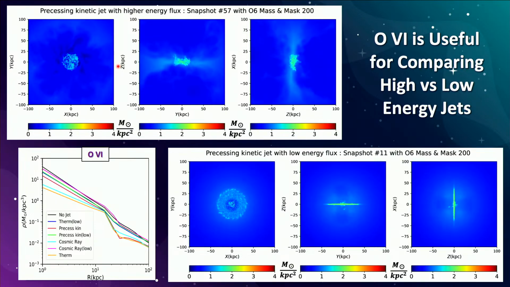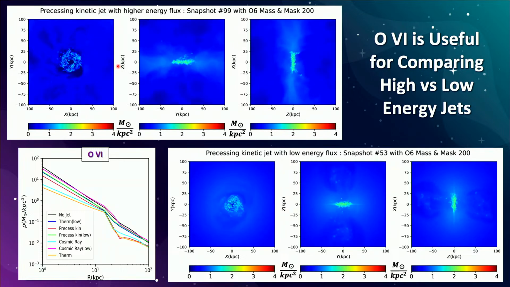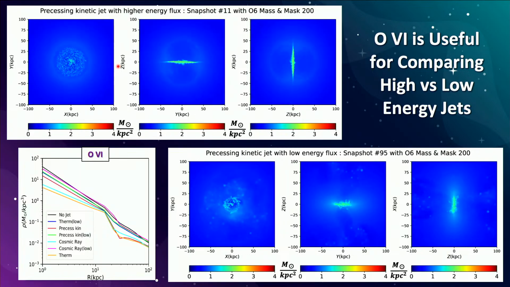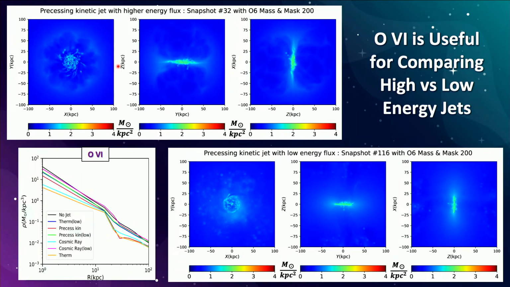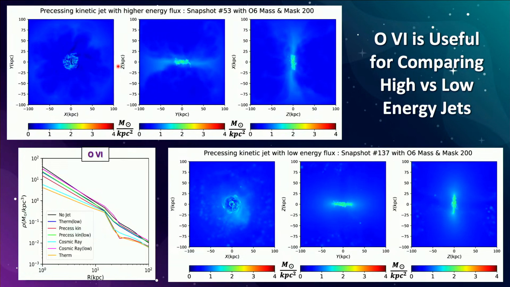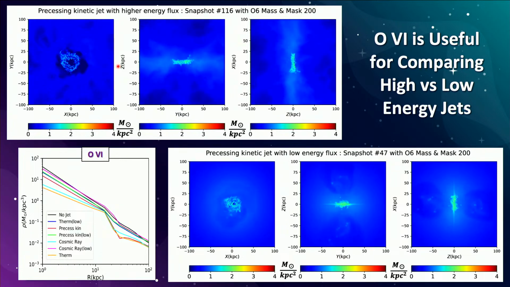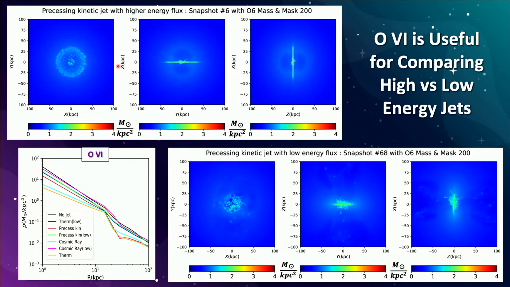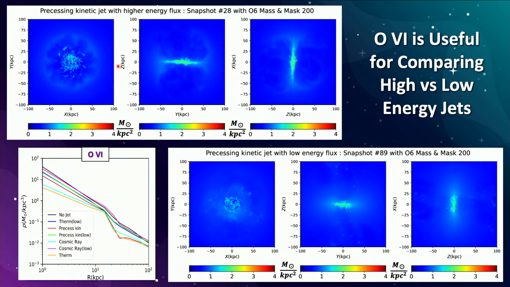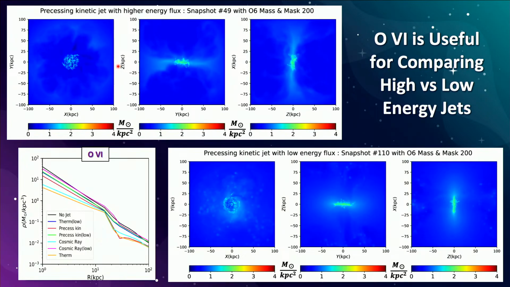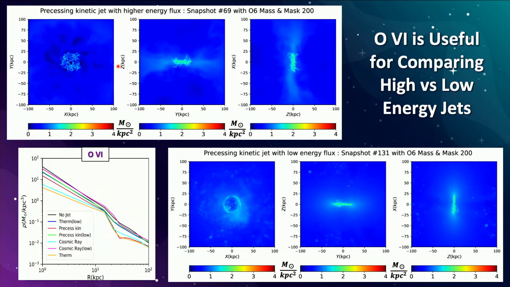This is really interesting because oxygen 6 was specifically chosen because it has kind of a middle ground for its ionization energy. That refers to the amount of energy it takes to turn oxygen 6 into oxygen 7. And when it's oxygen 7, it won't show up here anymore. Now, the fact that we can compare two identical jets with different energy states and see so clearly how oxygen 6 behaves differently means that we can use the behavior of oxygen 6 to measure the type of energy that we're observing within these AGN jets.